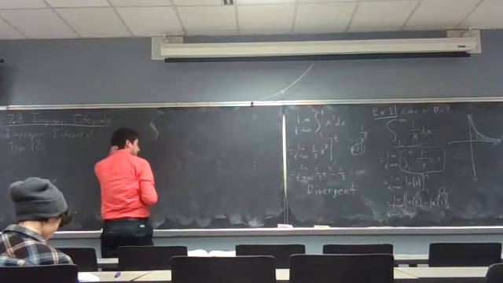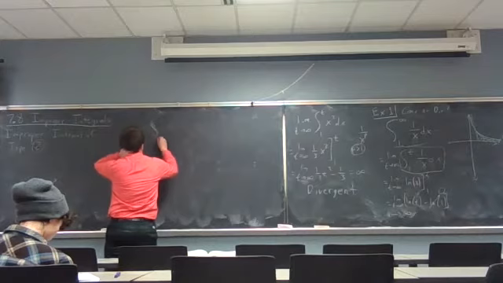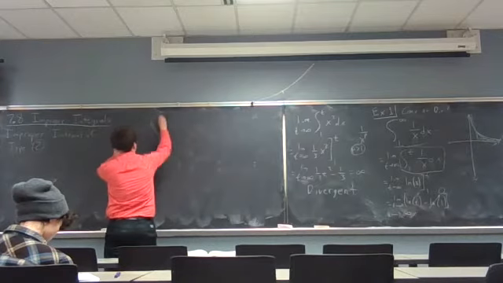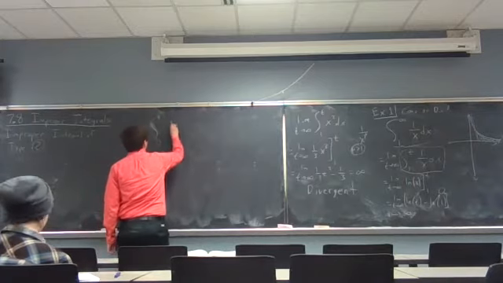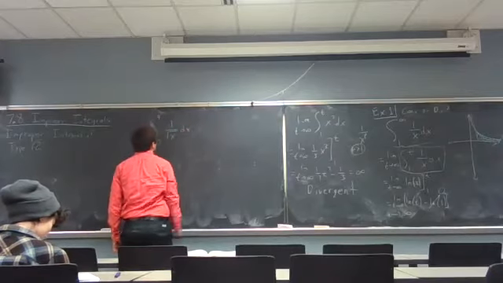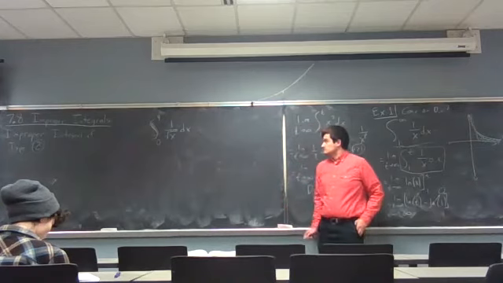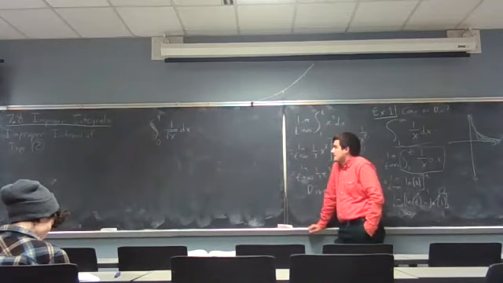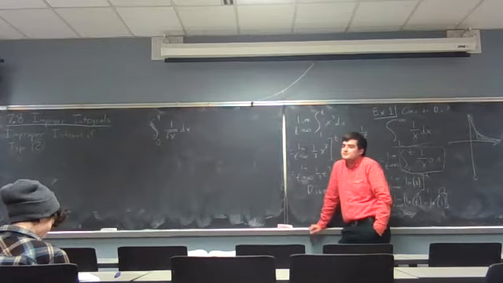You're going to take the integral from 0 to 4 of 1 over square root of x. Okay. What's wrong with this?